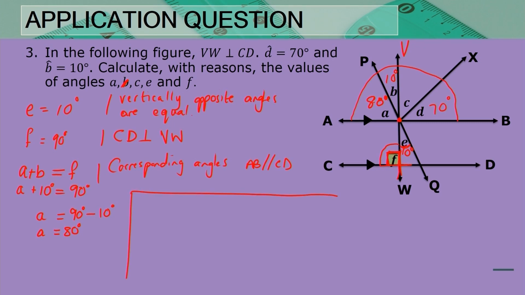Because they are on a straight line, they are supplementary, which means that they add up to 180 degrees. So this is A plus B plus C plus D.